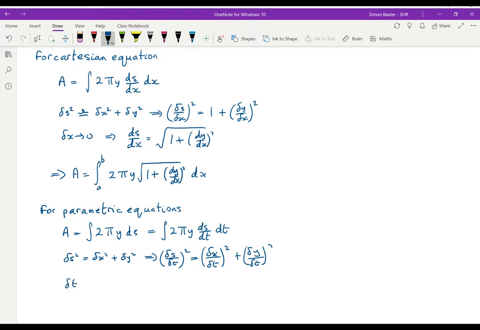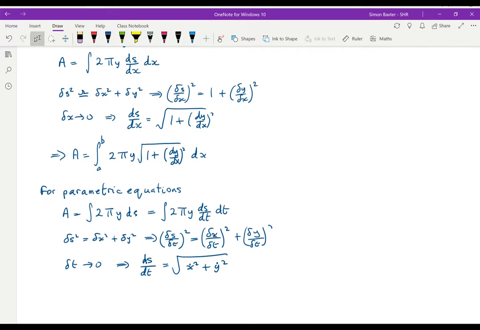And if we let delta t tend to 0, we get ds by dt is equal to the square root of dx by dt squared plus dy by dt squared, which is x dot squared plus y dot squared, which gives us that the area is equal to the integral of 2 pi y root x dot squared plus y dot squared dt.